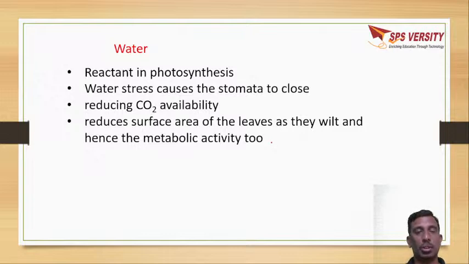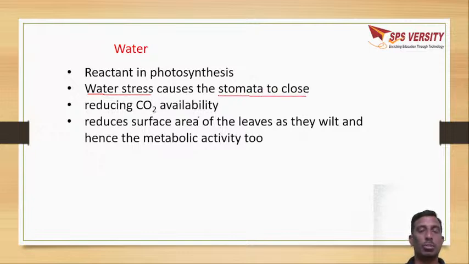Water is another external factor, which is a very important reactant in photosynthesis. When water is fully present, we can see the maximum rate of photosynthesis. Water deficiency is water stress. With water stress, stomata will close.